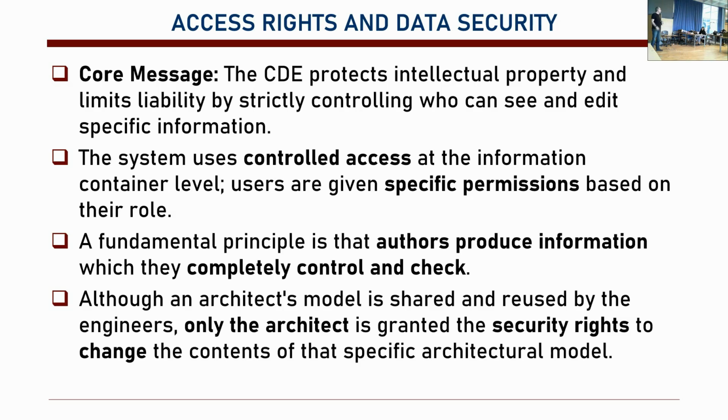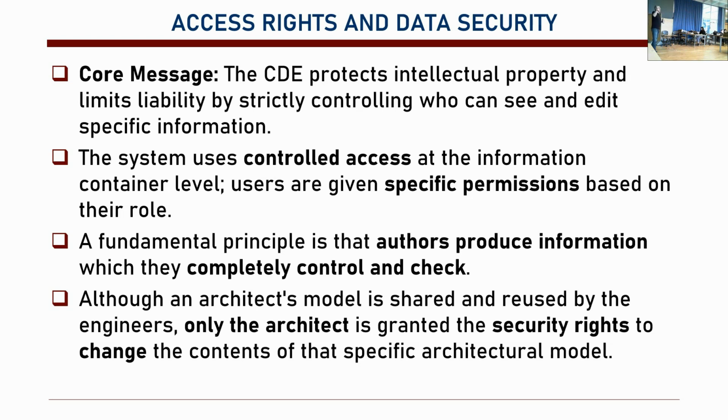Okay. So in the past, or in the traditional way of working, everything can go everywhere, okay? But with this system, you have controlled access. Only limited people can reach sensitive data, so you can basically control that and figure it out. Authors produce information, but they can control and check.